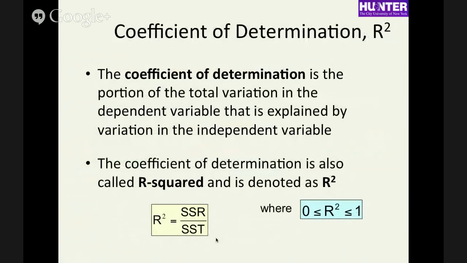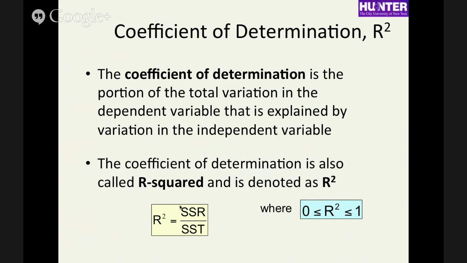Yep. Well, would it be telling us how much variation is not due to the relationship? Almost. This sum of squares of the regression is the amount of variability that is due to the relationship between the variables.